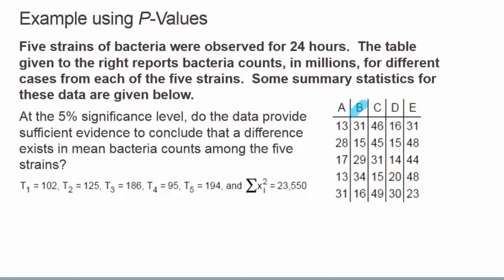For strain B, I have 31, 15, 29, 34, 16. For strain C, I have 46, 45, 31, 15, 49. For strain D, I have 16, 15, 14, 20, 30. For strain E, I have 31, 48, 44, 48, 23.